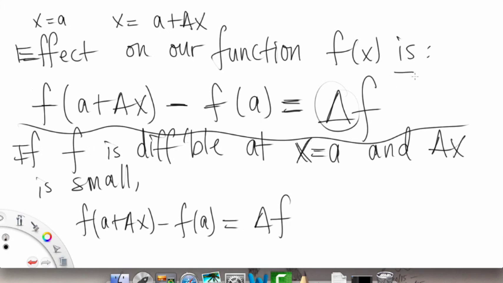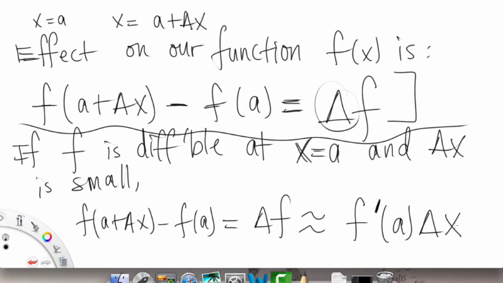I just rewrote this line here. But here's the important part: this is approximately equal to the first derivative of our function evaluated at a, times delta x. This is the important part, and I'll explain why on the next slide.